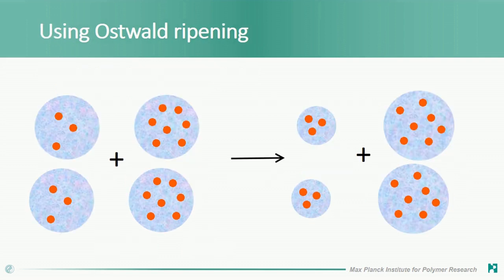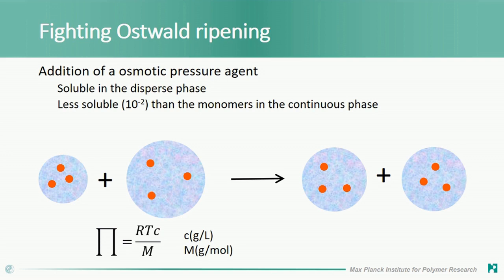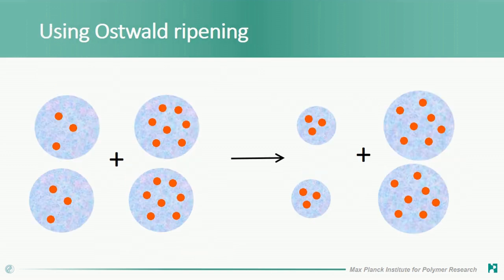But we could use Ostwald ripening. It's not just something bad. We could use it to make more complex mixtures. For example, if you need a bimodal distribution, you could prepare two separate mini-emulsions of the same size that contain different concentrations of osmotic pressure agent, and mix them together.